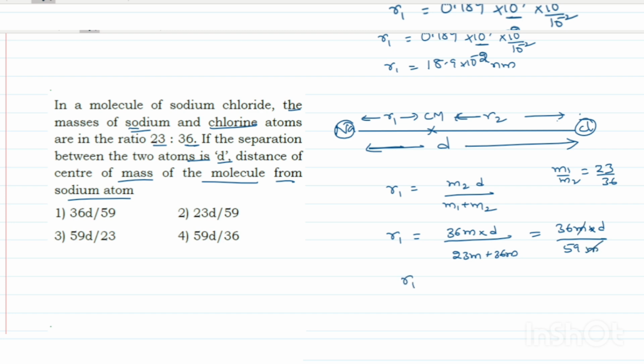So r1 is 36d by 59, which is the correct answer.